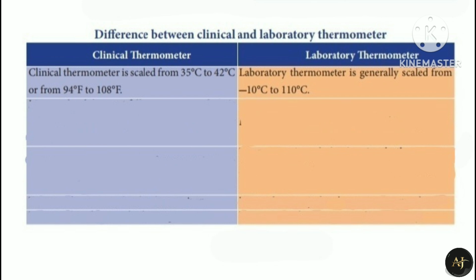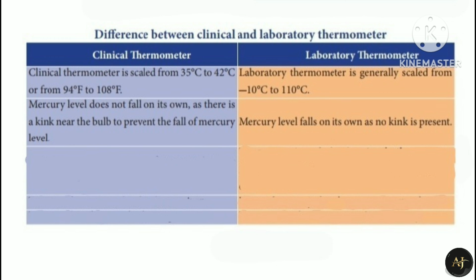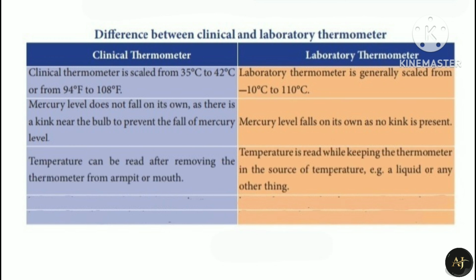Laboratory thermometer is generally scaled from -10 degrees Celsius to 110 degrees Celsius. In a clinical thermometer, the mercury level does not fall on its own, as there is a kink near the bulb to prevent the fall of the mercury level. In a laboratory thermometer, the mercury level falls on its own as no kink is present.